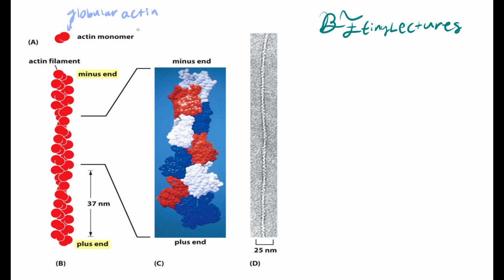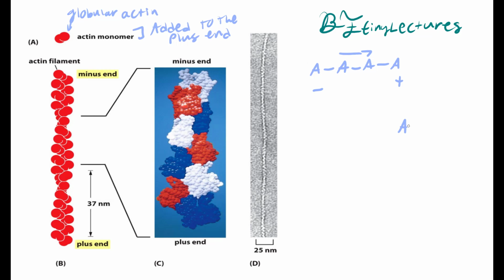However, you have to remember that the actin monomer is always added to the plus end. So if on an exam you see a picture where these actins are being chained together going this way, then instinctively you can say, since the actin is being added going from left to right, this must be the positive end, and this must be the negative end.